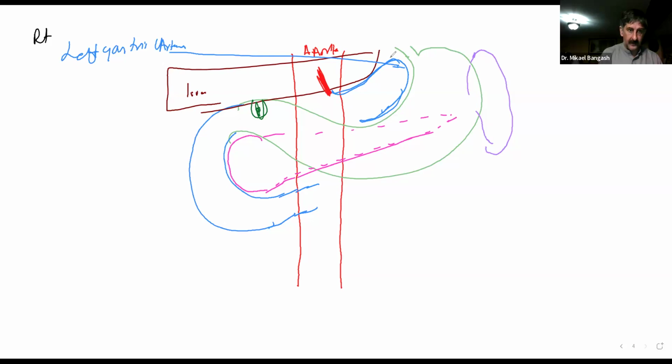Now, what your left gastric artery will do, if you look at it: the reason that we call it left is mainly because it's a left branch of your celiac trunk. But what you will see is that it runs along the lesser curvature of the stomach.